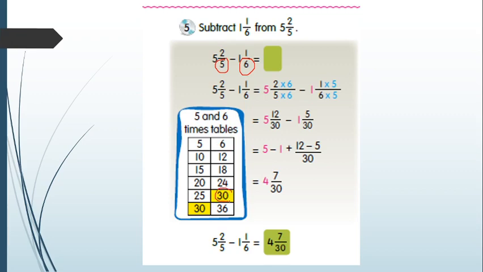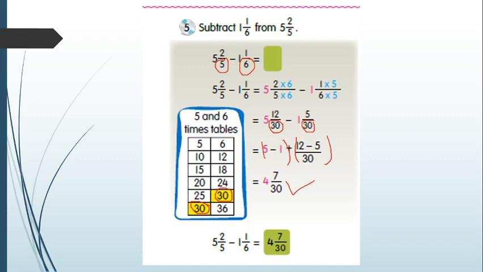You will see that the common multiple is 30. So 5 times 6, 2 times 6, 6 times 5, 1 times 5. Calculate, then we will have the same denominator, 30. So 5 minus 1, the whole number, 12 minus 5, so we will have 4 7/30.